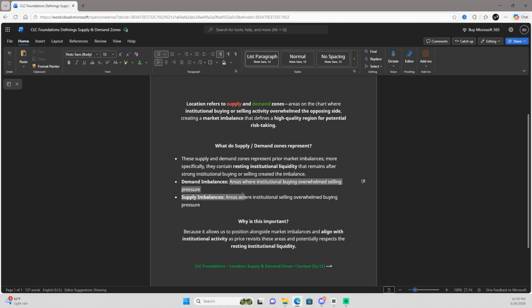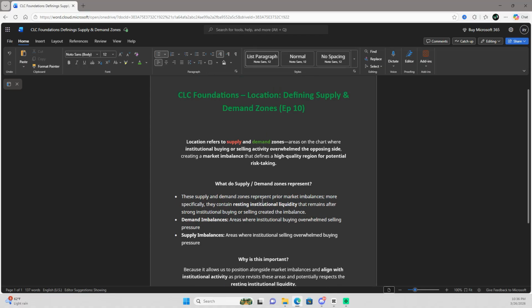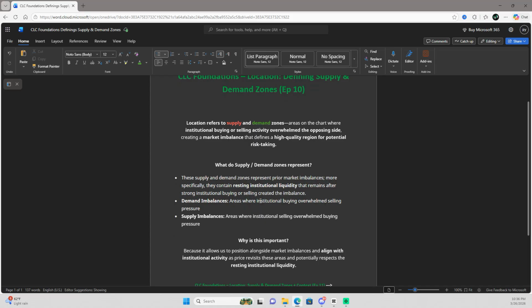Here's a bit more of a formal, boring definition though. Supply imbalances are areas where institutional selling overwhelmed buying pressure. So the willingness of sellers to sell at that location was stronger than the willingness of buyers to buy at that location. And that is what actually formed the imbalance. So that's what these zones are.